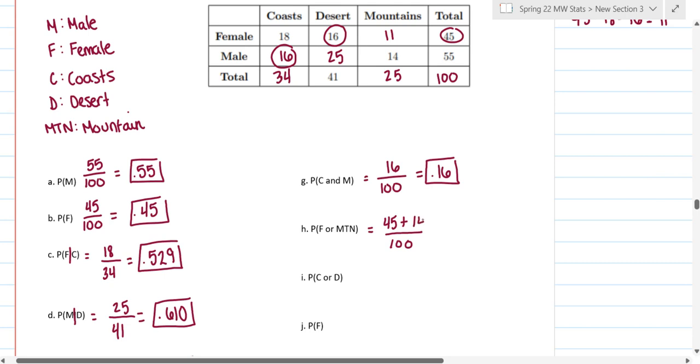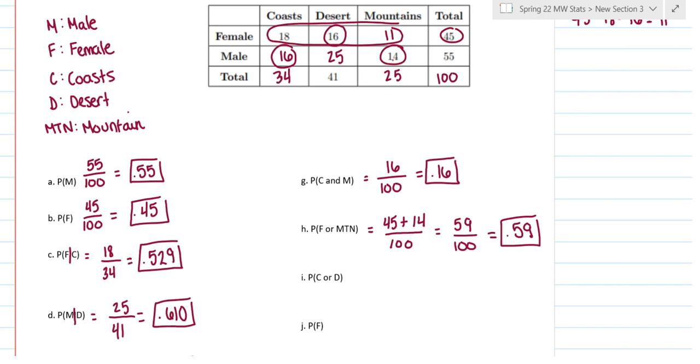Because they just have to have female or mountain as one of the designators. So it would be 45 plus 14, so 59 out of 100, 0.59. Okay, so when I'm looking at that, that's any female or mountain. So it would be these three plus the 14 men that like mountains as well.